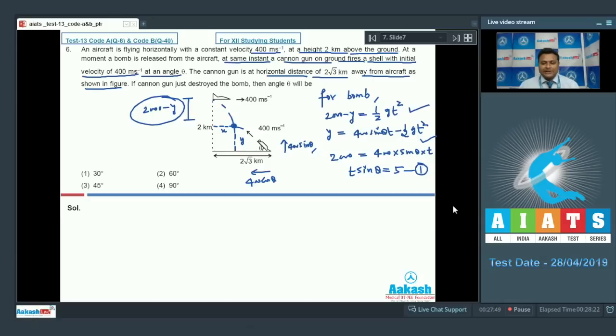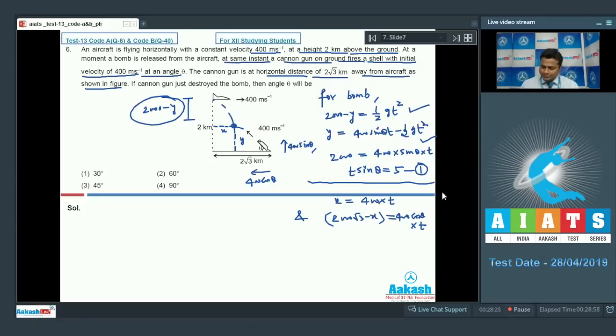Now vertical displacement has been discussed. Now let us focus upon horizontal displacements. So for bomb from the plane, horizontal distance x will be covered by horizontal velocity, that is 400 times t. And for cannon, horizontal distance, that is 2000 under root 3 minus x, will be covered by horizontal velocity, that is 400 cos theta into t.